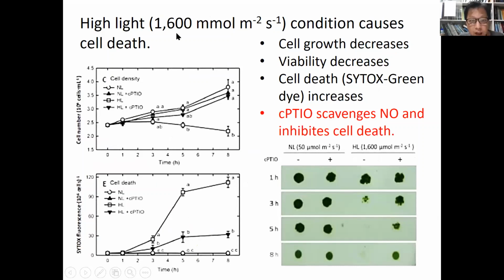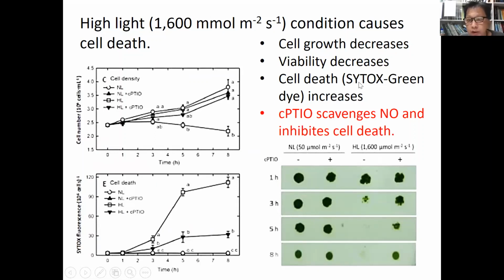Okay, in this slide, I would like to show you that under high light condition, this alga will die under such extreme high light condition, and we find that the cell growth significantly decreases, and the viability also decreases.